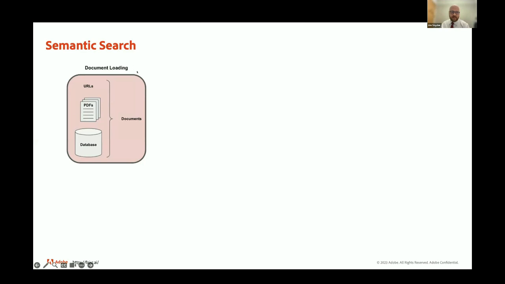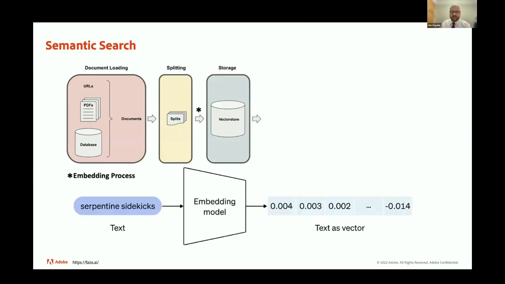So basically how semantic search works is you take all the documentation that's relevant to your use case, and this could be in the form of URLs, PDFs, databases that contain language, and you split these up into little chunks that are long enough to be meaningful, but still relatively short, so that you can retrieve them later and give them to an LLM without running into context length issues.